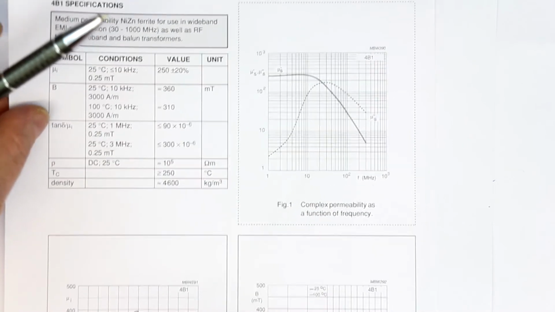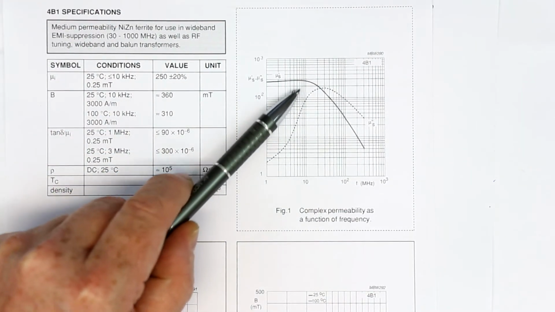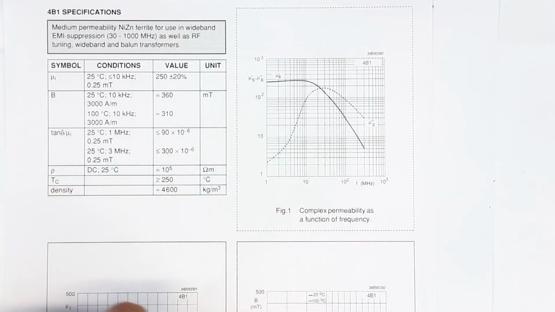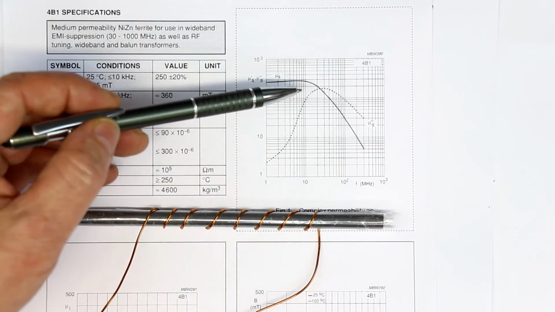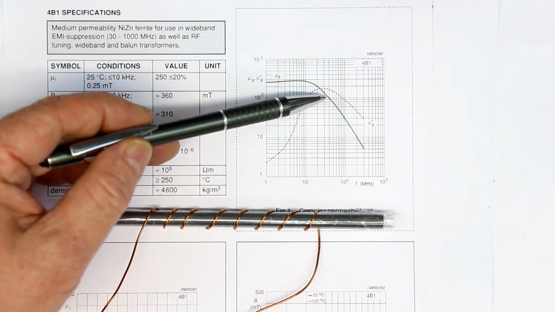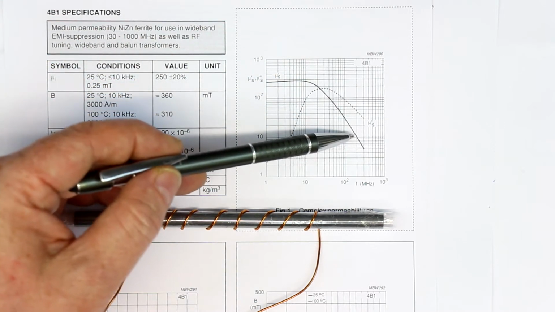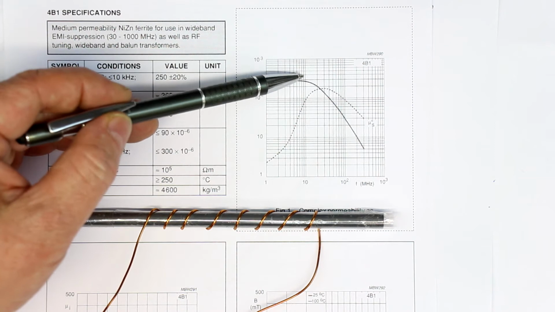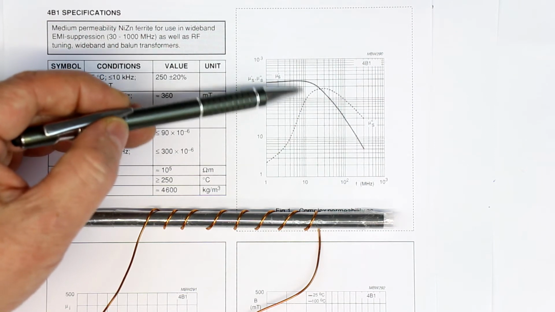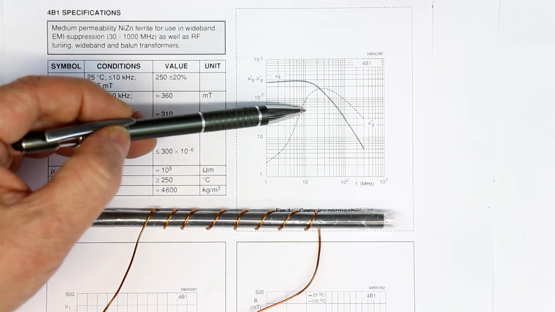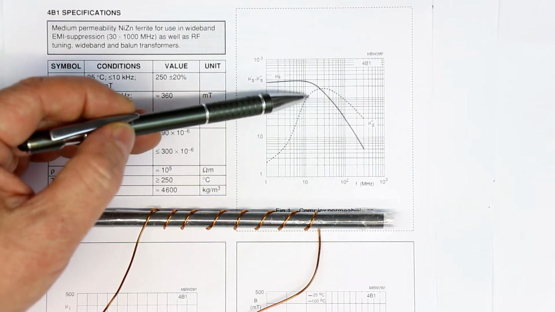There is also a graph for this, so it's frequency dependent. For example, this material is only usable up to, let's say, 3 or 4 megahertz, and then the permeability starts to drop, and the losses, the distance between these two graphs, increase.